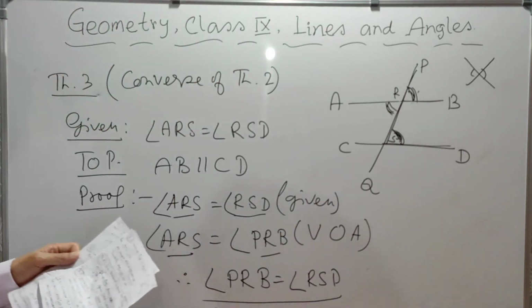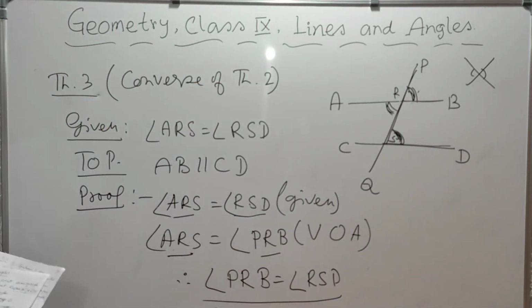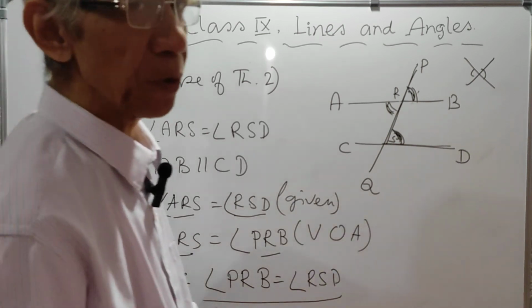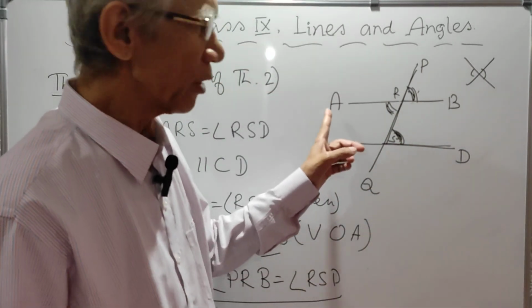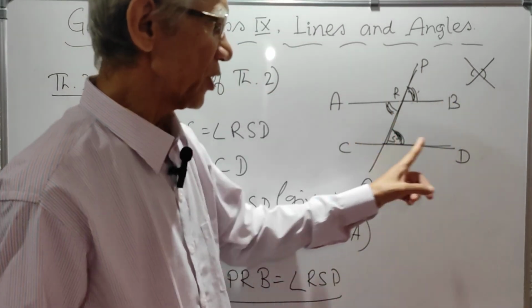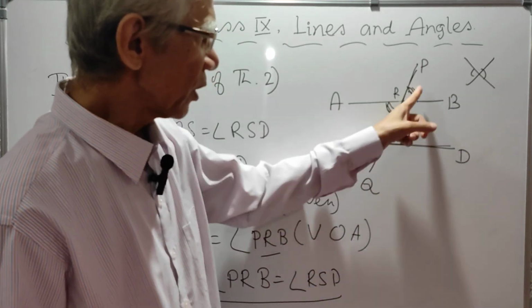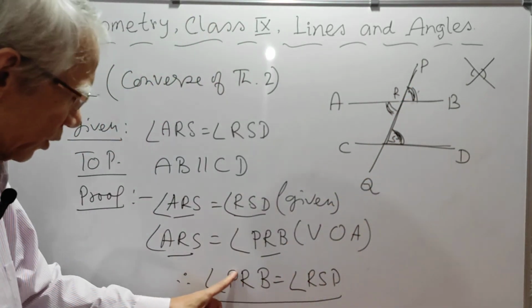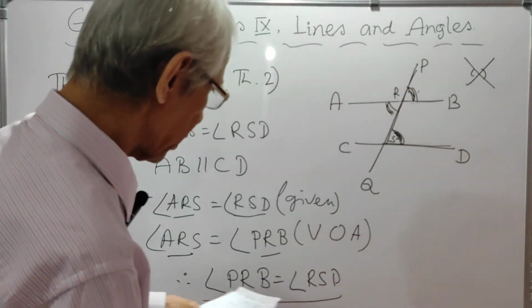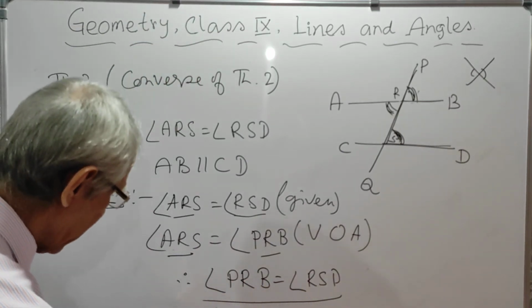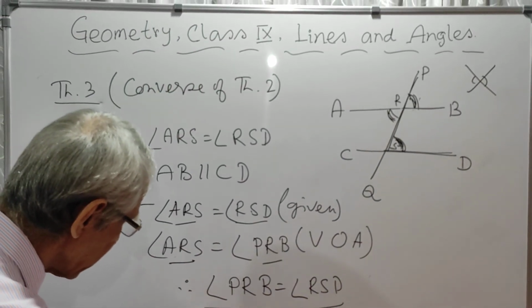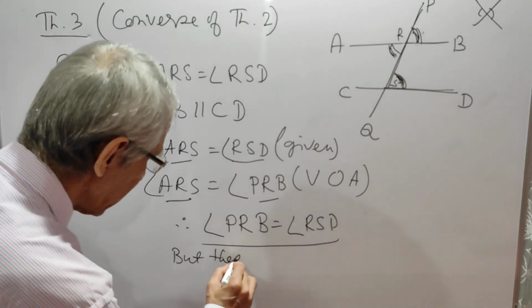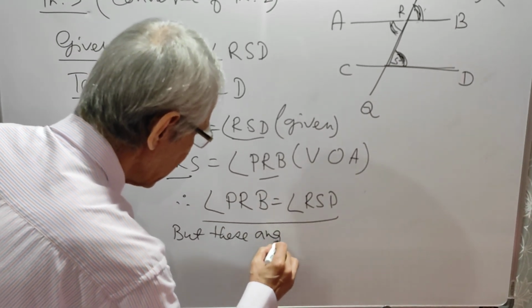Now according to axiom, which axiom? When corresponding angles are equal, then lines are parallel. Axiom 4. So according to axiom 4, now what can you conclude? AB parallel CD, because we have proved corresponding angles are equal. That is how you will write in the exam.